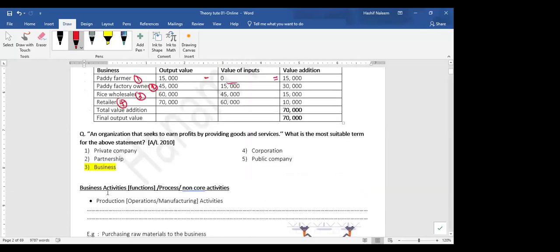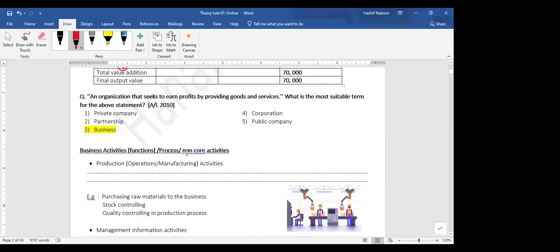When you take the above 2 points, which is fulfilling needs and wants and adding value to the resources, that should be there in every business. Every business should have those 2 functions. It's compulsory. But this activity, which we are going to learn, we also say non-core activity, which is not important. When you take an activity, it's not there in every business. Some businesses will have this activity and some businesses won't. Okay, so that's the difference between these 2 topics.